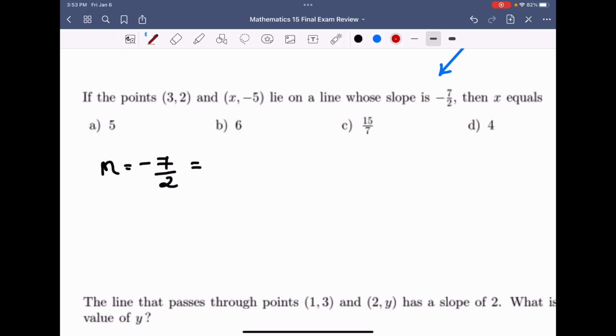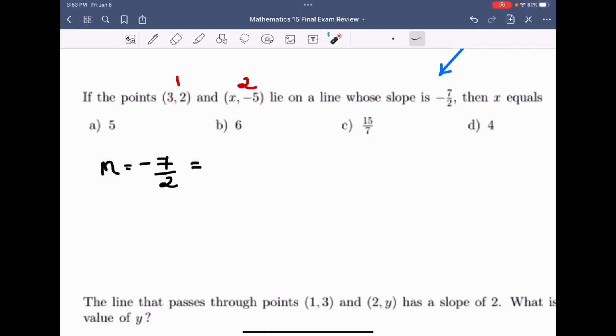now what we want to do is designate one of these as point 1, one of them is point 2. It doesn't really matter which one, just pick one. This is point 2, this is point 1, in that order. Like I said, you can choose either way. So in terms of change in y, I go the second y, or y2, minus y1.